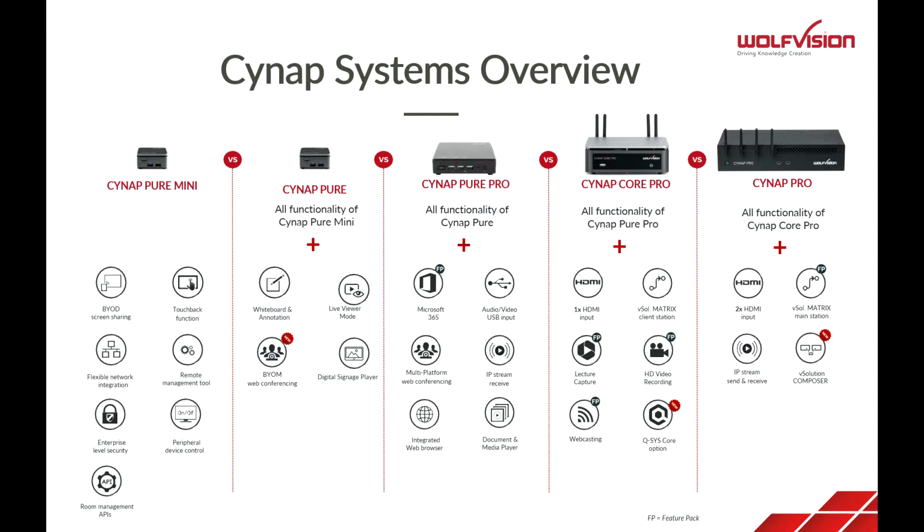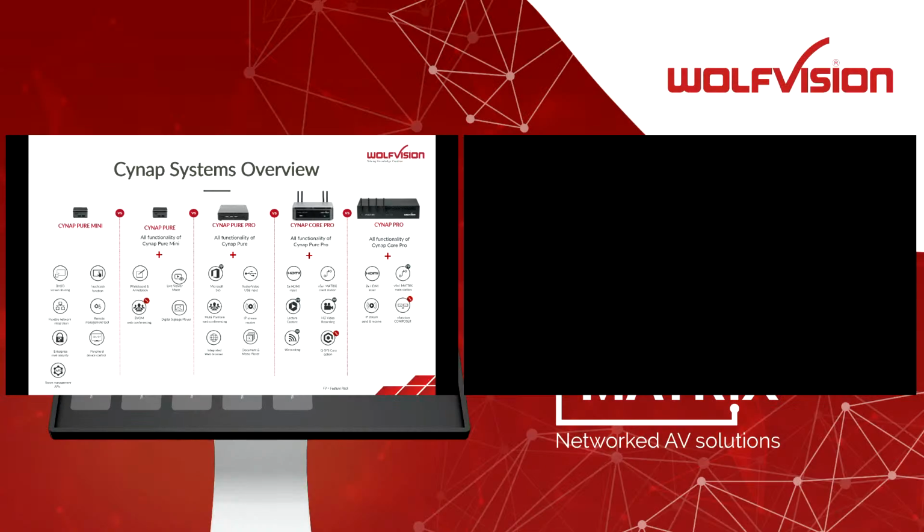Does it work? It should be working, but I'm not sure why it's not showing. But it's casting basically my laptop content onto the screen here. So this is what I want to show you, the three different protocols: AirPlay, Miracast, Chromecast.